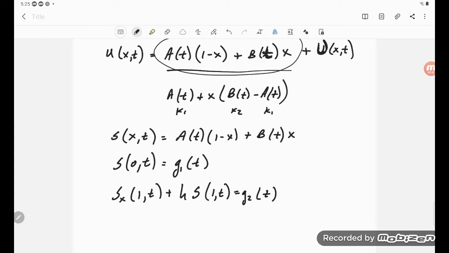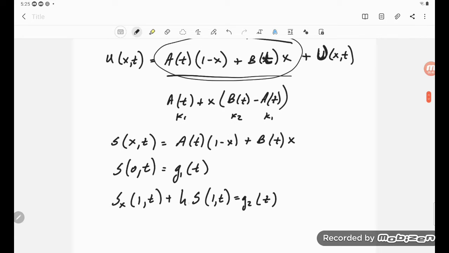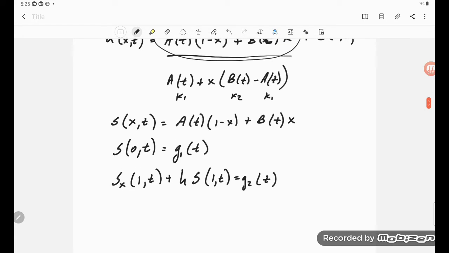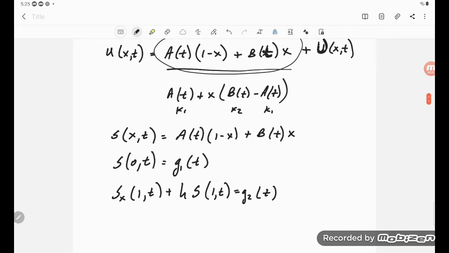And so you see, if we do that, then what we would have is that, again, u of x and t is equal to this s of x and t plus our uppercase U of x and t.